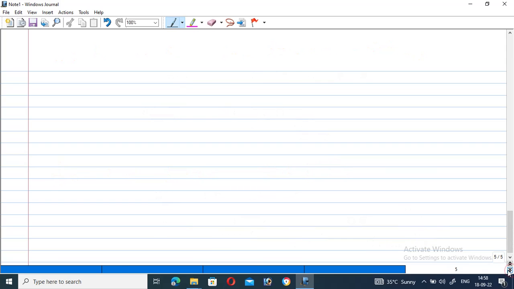Now our interest is just to find out the transfer function, right? Transfer function. So let us see, I will consider one example for this.